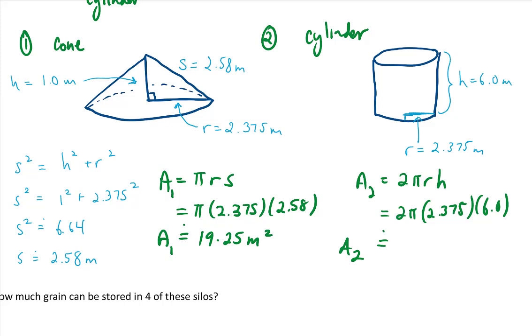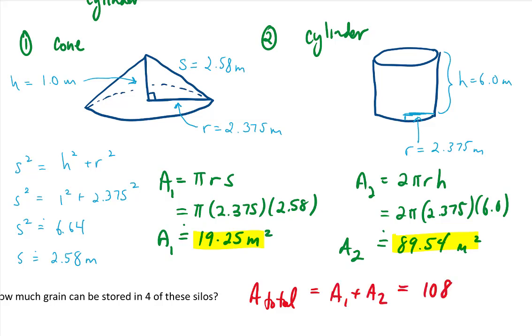And this tells us that the area of the outside of this cylinder is approximately 89.54 meters squared. So the total area is equal to the sum of these two areas, which gives us 108.79 meters squared per silo.